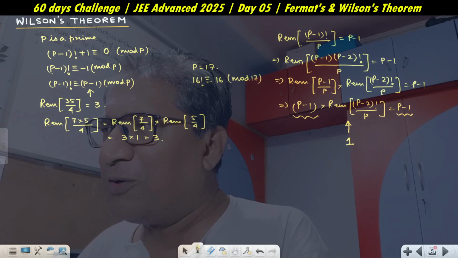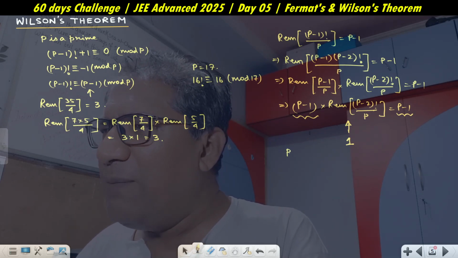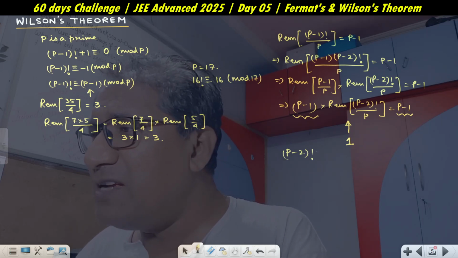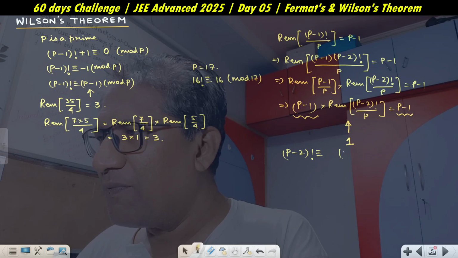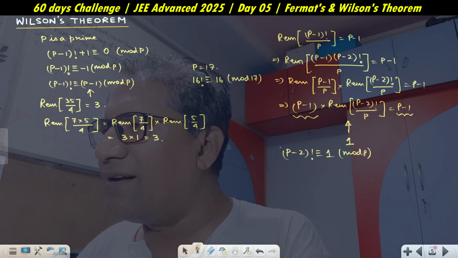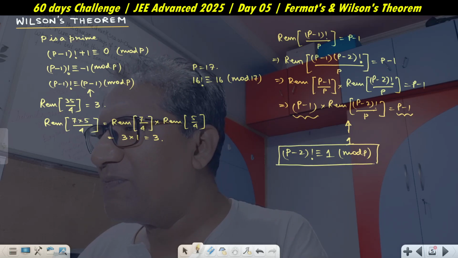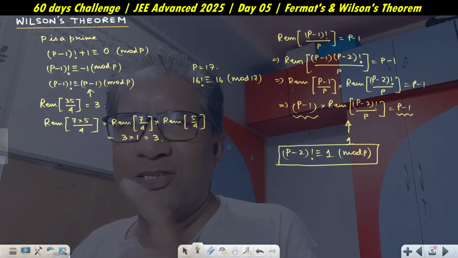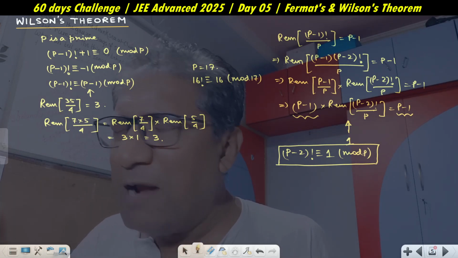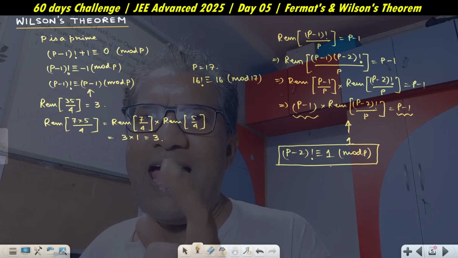Therefore, a very important point we got: when P minus 2 factorial is divided by P, the remainder is 1, and that's exactly what I want. My purpose is solved because my purpose is to bring 1 as a remainder.